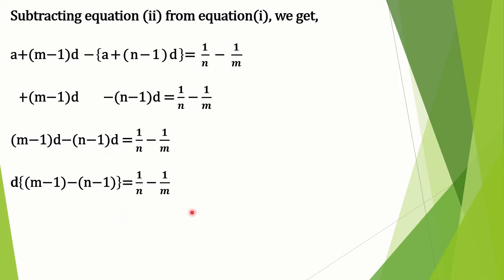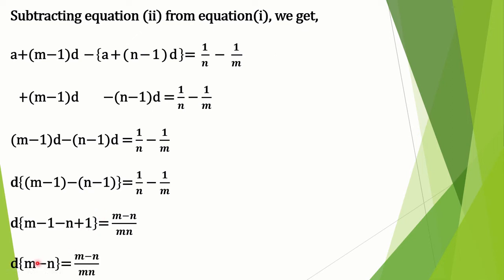The rest of the terms are copied as it is. We can open this bracket, this bracket also can be opened. Since there is a minus sign, this minus sign will change minus into plus. So minus 1 and plus 1 can be cancelled. Then we are left with m minus n only.